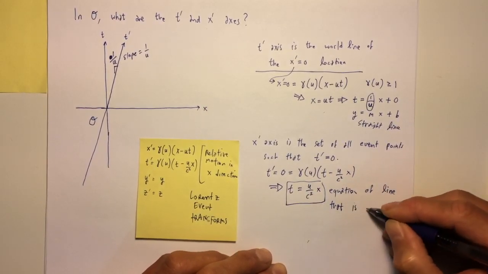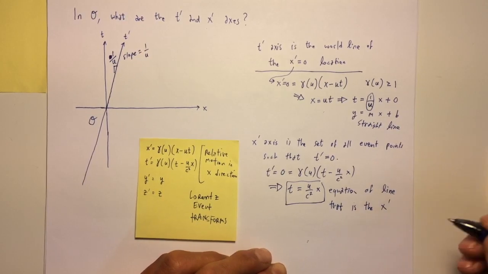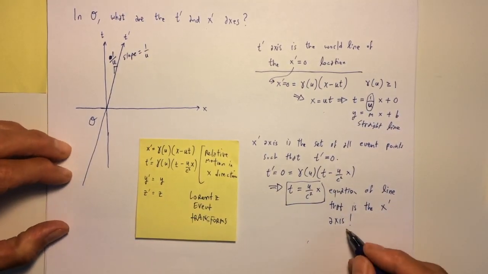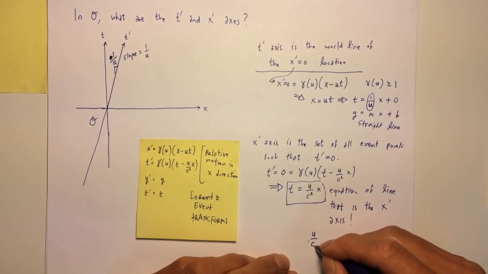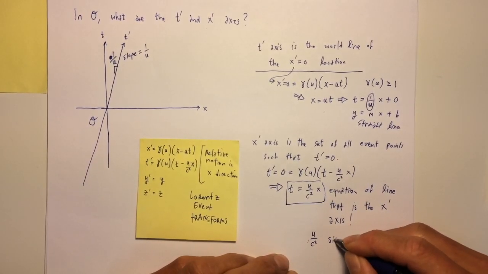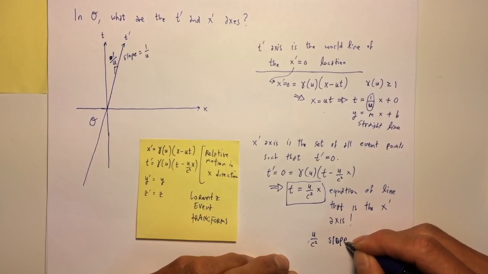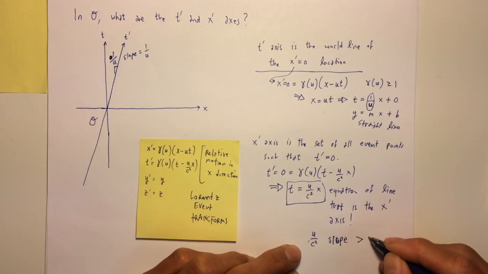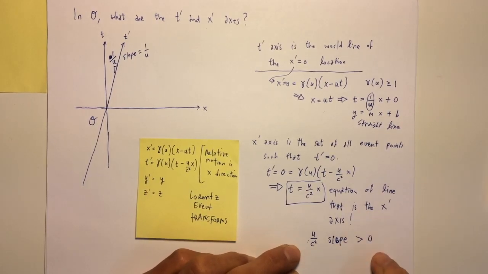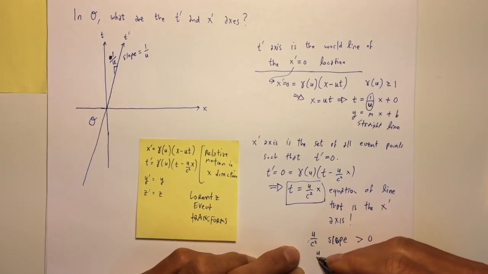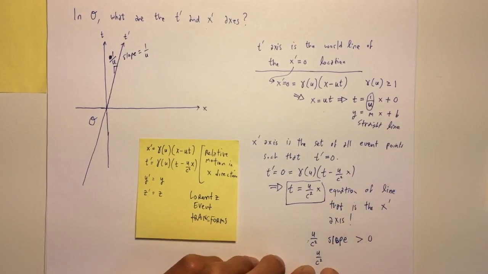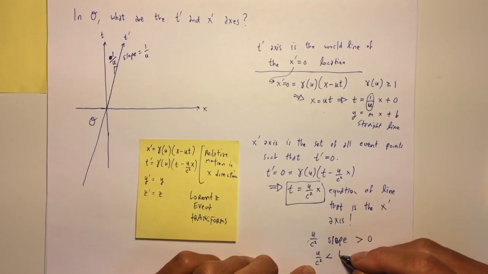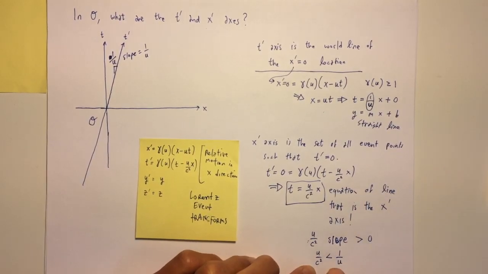that is the x prime axis, right? So you'll notice that u over c squared is the slope, and this slope is bigger than 0, so it's a positive slope. But the u over c squared slope, if you think about it, is smaller than this slope.